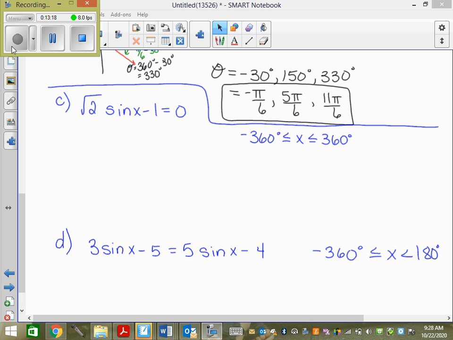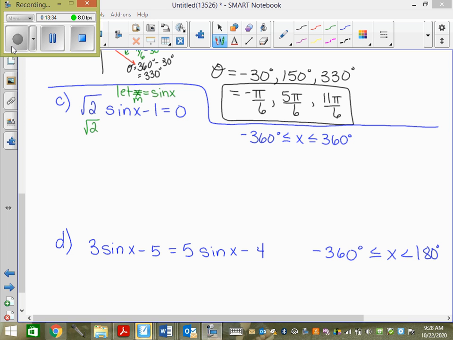So for the sine x one, I don't want to let x equal sine x, it already has an x. I'm going to let n equal sine x.